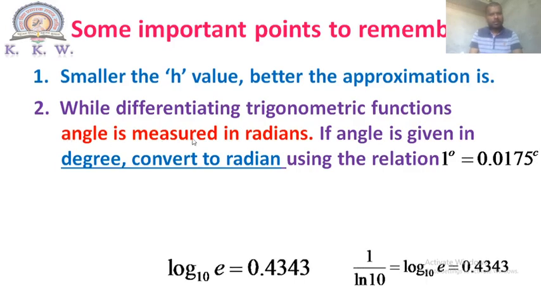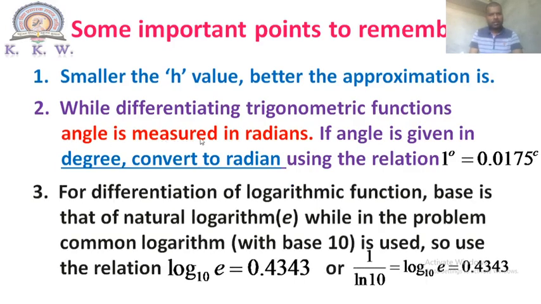Third, while you are differentiating a logarithmic function, the base is the natural logarithm, while in the problem it is common logarithm with the base 10. Therefore, use the relation log e to the base 10 is equal to 0.4343.